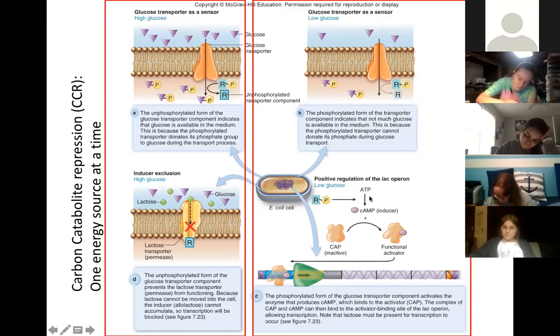So once cyclic AMP is made by that phosphorylated transporter component, because glucose is no longer coming in, then we start to get synthesis, or transcription, of these genes.